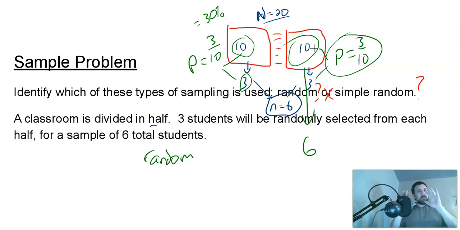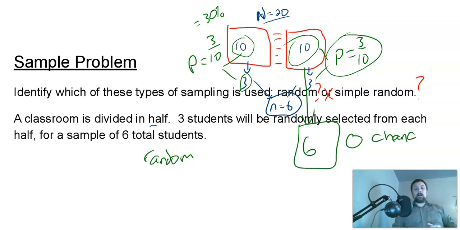So for simple random, you really want to look out for whether there is a group that has 0 chance of being the sample that you end up getting. In this case, if I take 6 students from just one side of the room, that group has 0 chance of being the sample, because I would never choose 6 people from that side of the room.